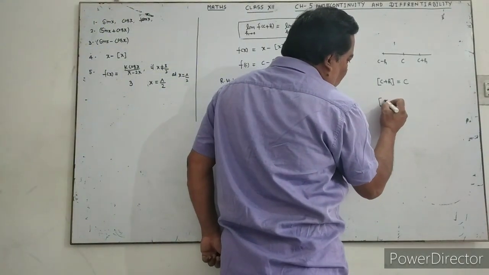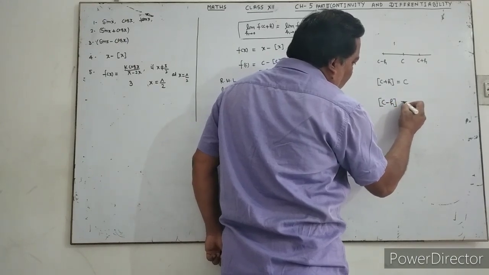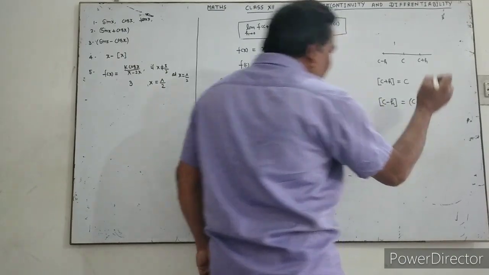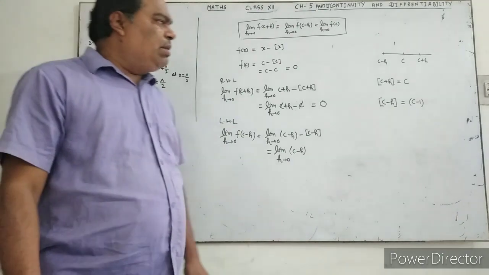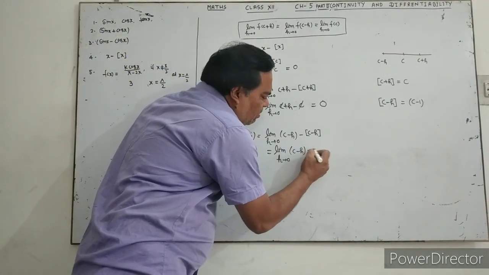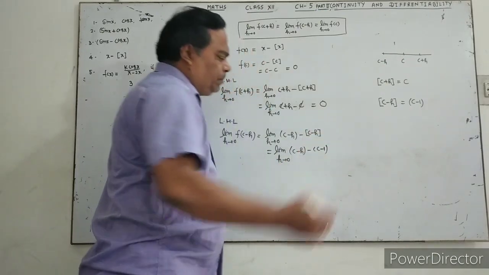The value of the greatest integer of c minus h is c minus 1.